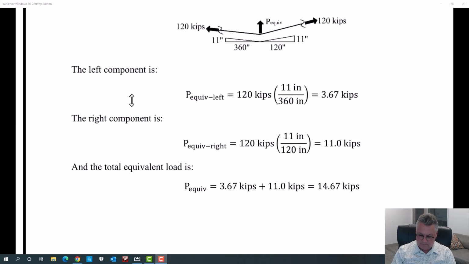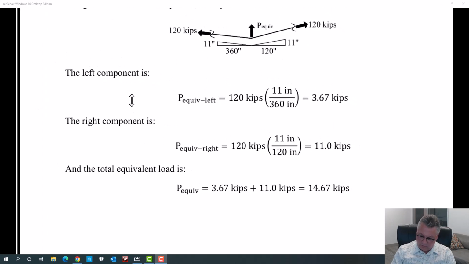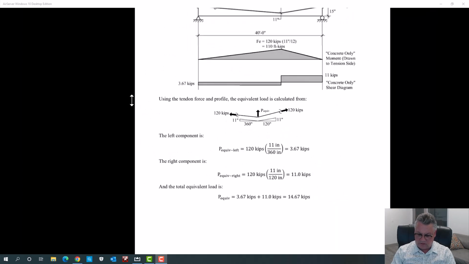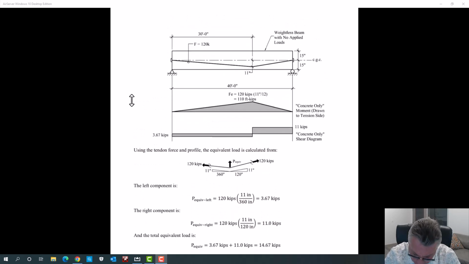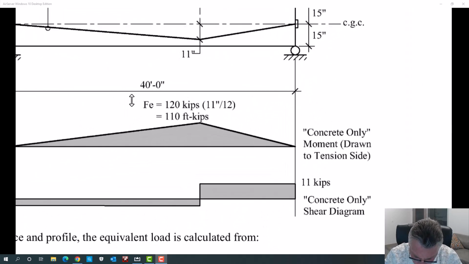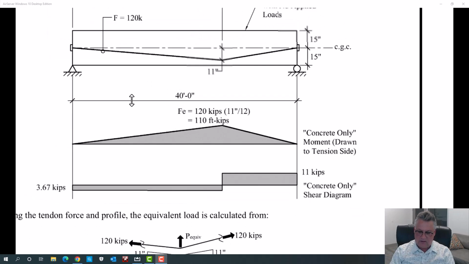This time, we sum the two of those together and actually get a greater load than we had last time. 14.67 kips is the equivalent load now holding that tendon in place.